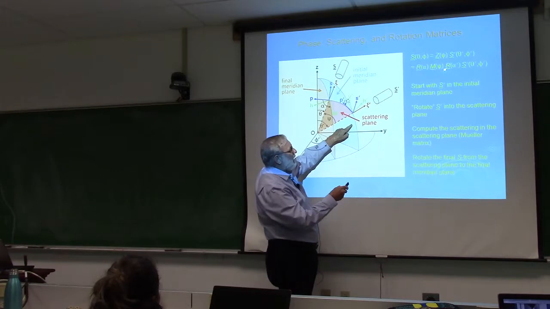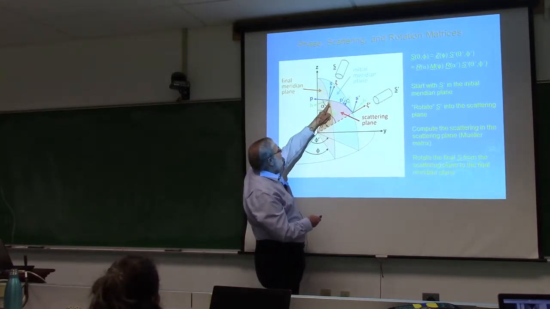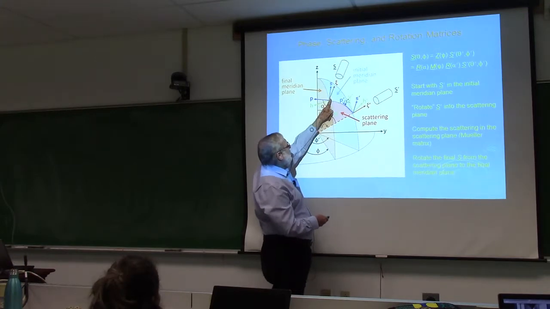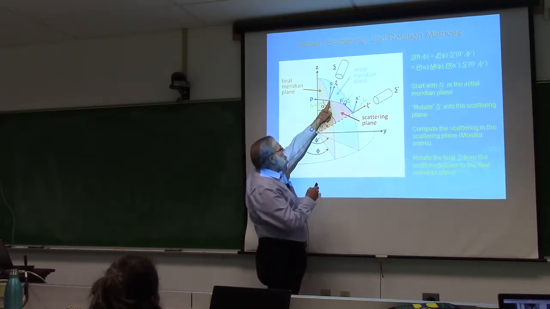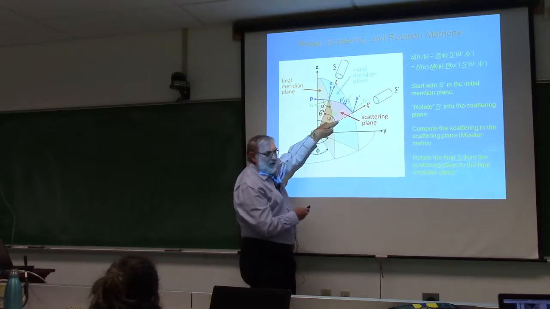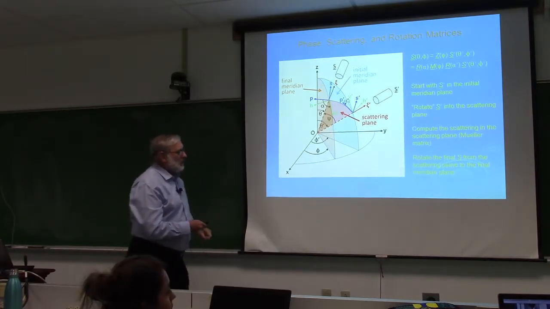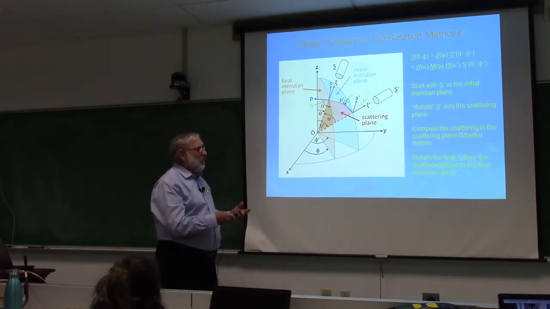Then you multiply by Ken's Mueller matrix. That gives you the scattered light over here in the blue S and P directions, and then you have to rotate those directions into the final green horizontal and vertical. And you don't want to see the equations, trust me, but that's the way it works.